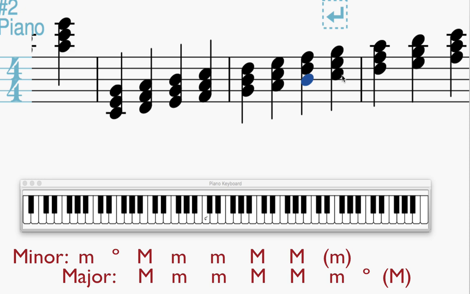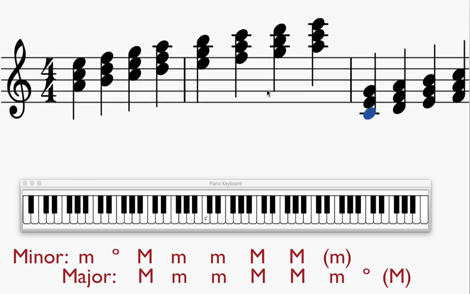Minor, diminished, major, cycle back, skip that one because it's the same as that one, right? And then minor, minor, major, major, minor. It's the same pattern. It's the exact same pattern. It just starts here instead of here.